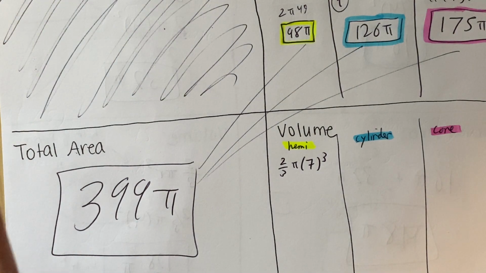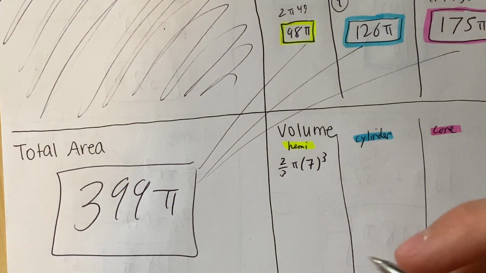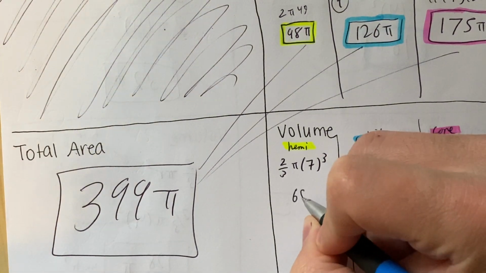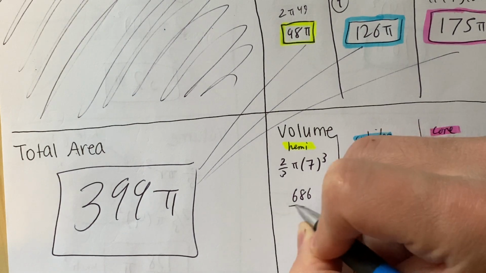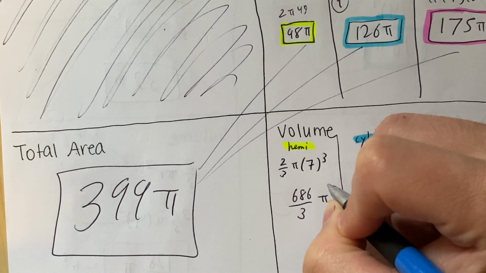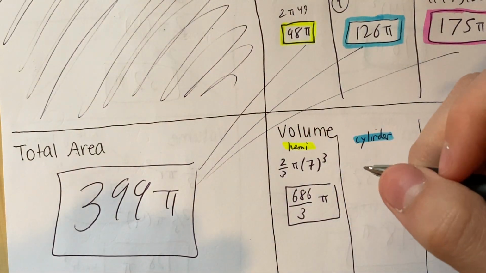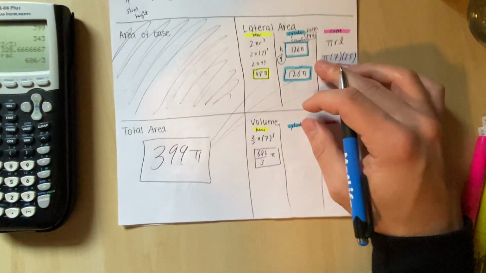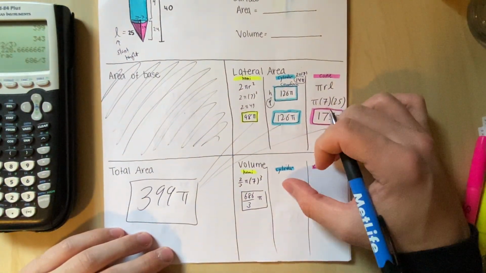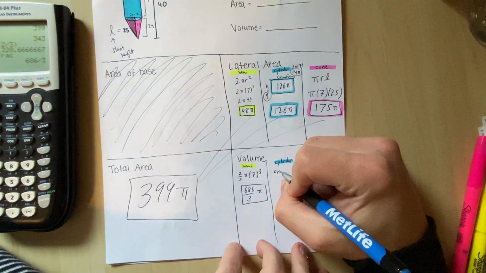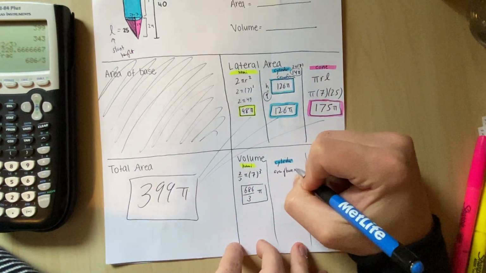So if we calculate it out, that's 686 over 3 pi. It's a fraction. Okay, that sucks. The volume of a cylinder was area of base times height.